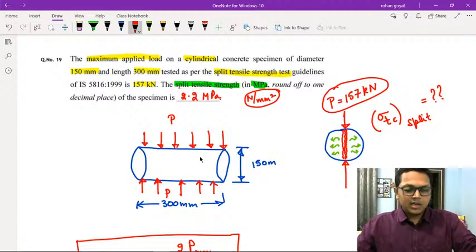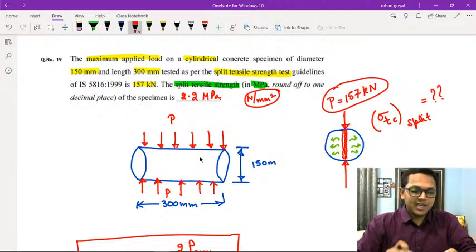So any doubts in this question? Do you have any doubt in the question? Comment in the chat section and tell me if there is any doubt in the question.